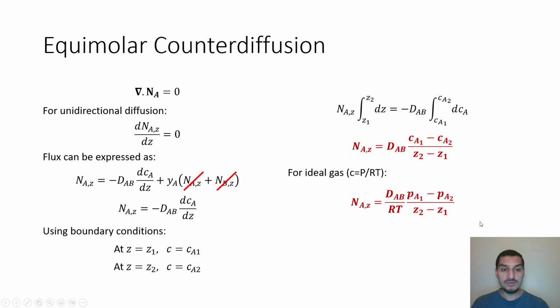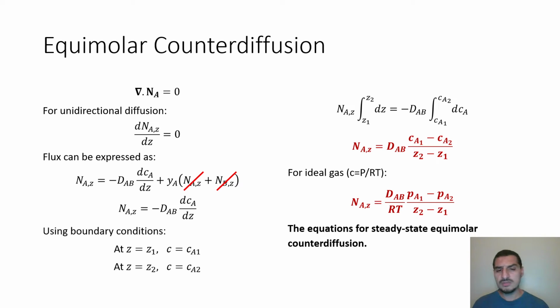So this is how the equation can be presented for gas phase or for partial pressures, and this is the equation that we can use for steady state equimolar counter diffusion. It's simpler than the case of unidirectional molecular diffusion.